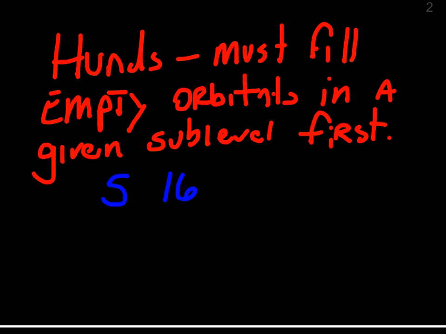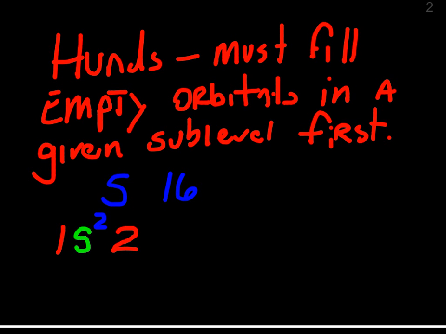So if I was going to write the electron configuration for sulfur, it would start out like this. First principal energy level is 1. The sublevel is s. And there's 2 electrons in it, so I put the 2 in the superscript, 1s2. After that's filled up, I then go to the second principal energy level, because in the first principal energy level there is no p sublevel.